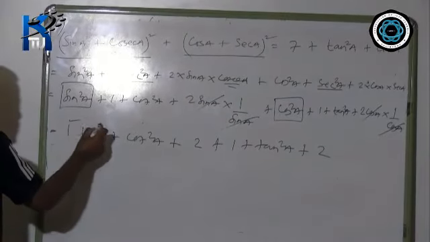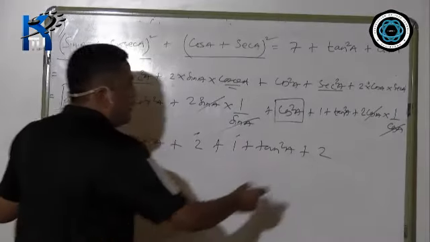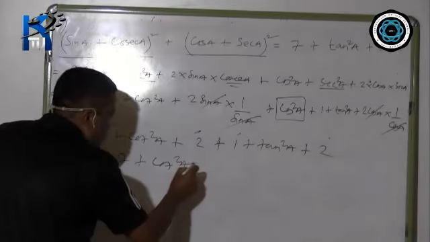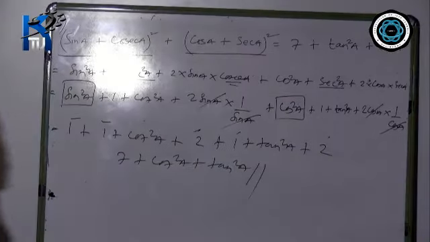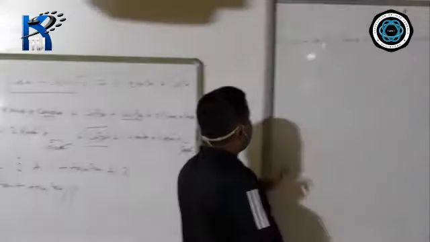Now 1 plus 1 2 plus 2 4 plus 1 5 plus 2 7 plus cot square A plus tan square A, hence proved. Now today's last question.